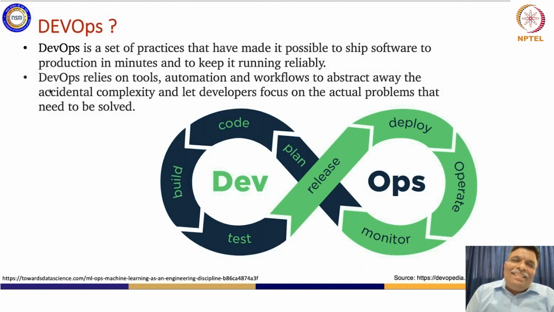So the idea is that it ensures that automation and workflow are implemented without any complexity, and lets the developers focus on the actual problem that needs to be solved.